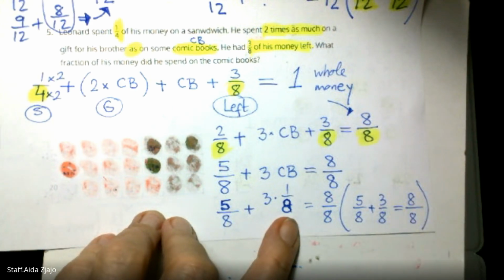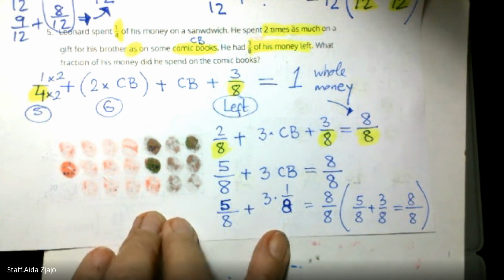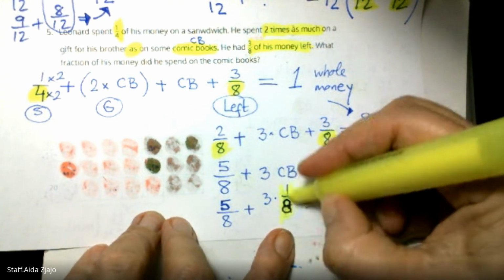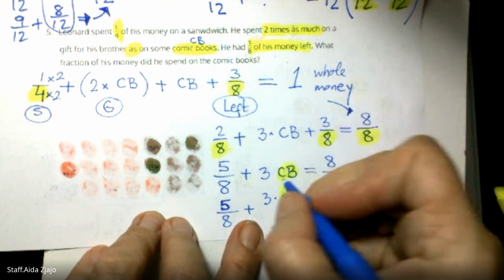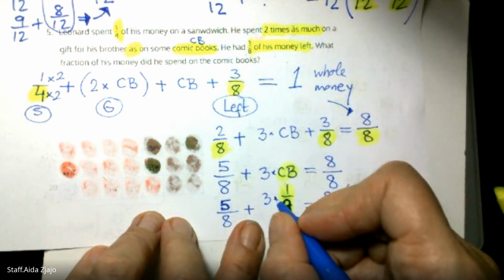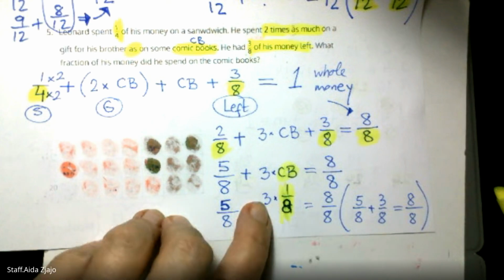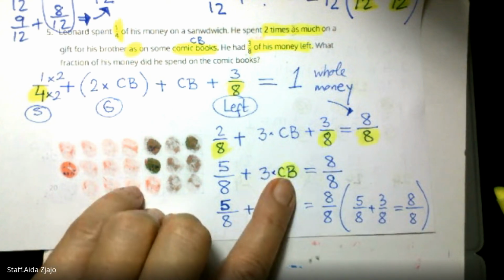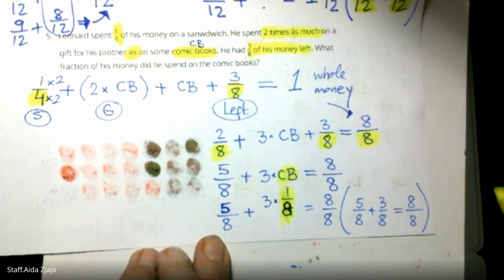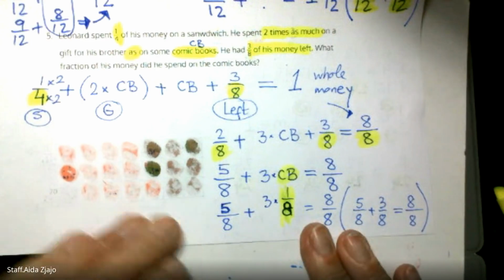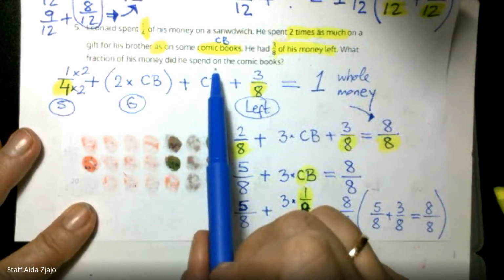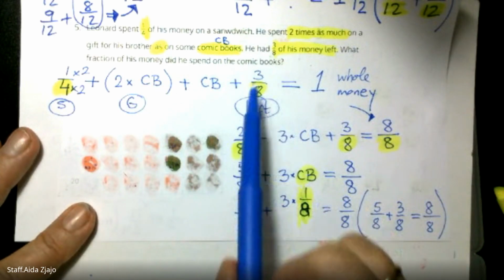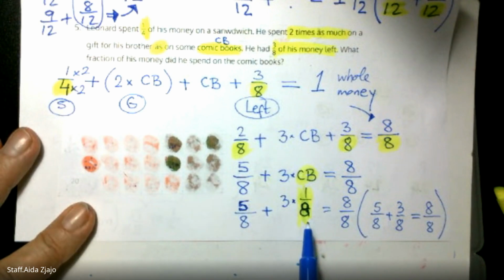So we needed to find this 1/8, because that is how much the comic book is. 1 comic book is 1/8 of the money, but we had 3 parts of it. So we know the answer. What fraction of his money did he spend on comic books? He spent 1/8 of his money on comic books.